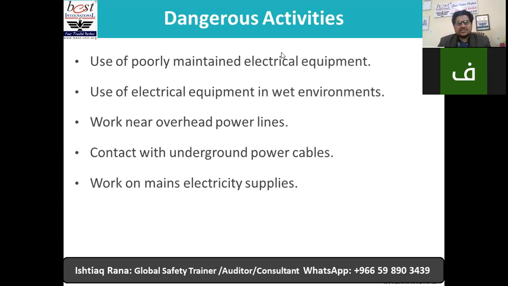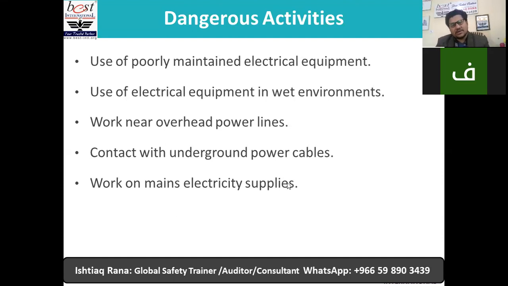We also have dangerous activities, especially use of poorly maintained electrical equipment. These are the dangerous activities: use of electrical equipment in wet environments, and work near overhead power lines and not keeping a safe distance, or sometimes having no idea what that safe distance is all about.